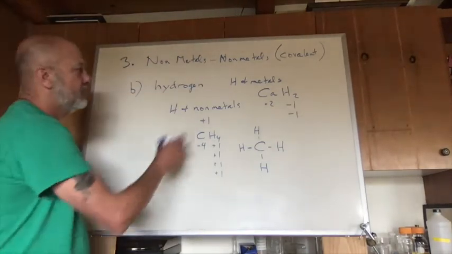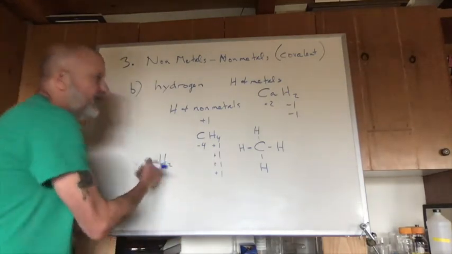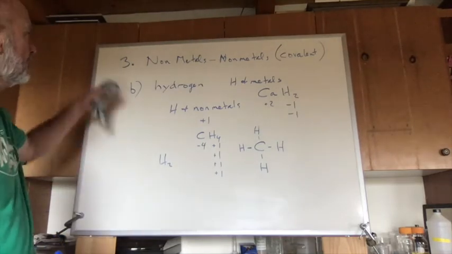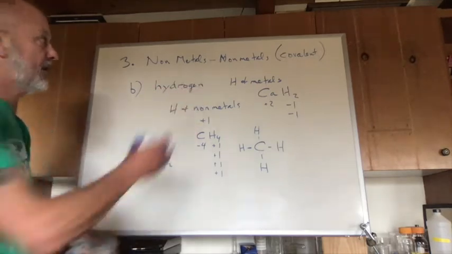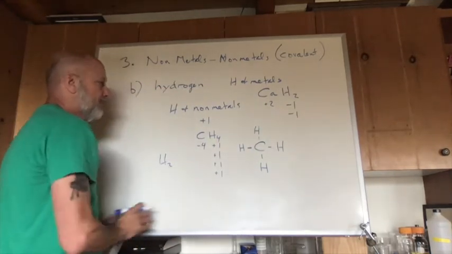And of course, H2 as a neutral element would have an oxidation state of 0. So, does it have oxygen first? Second, is there hydrogen in the mix? Use this, hydrogen and metals, -1. Hydrogen with nonmetals, +1.